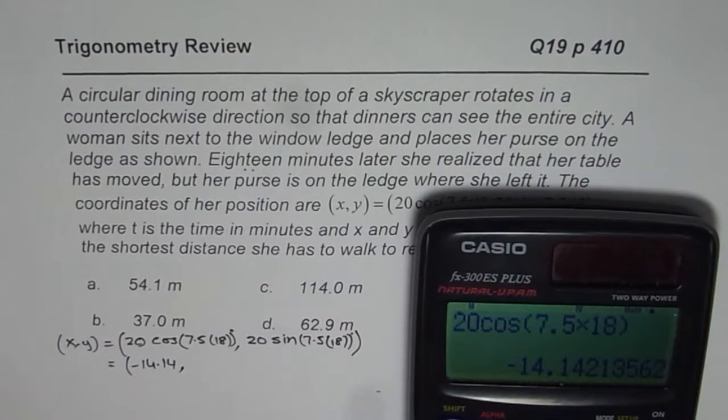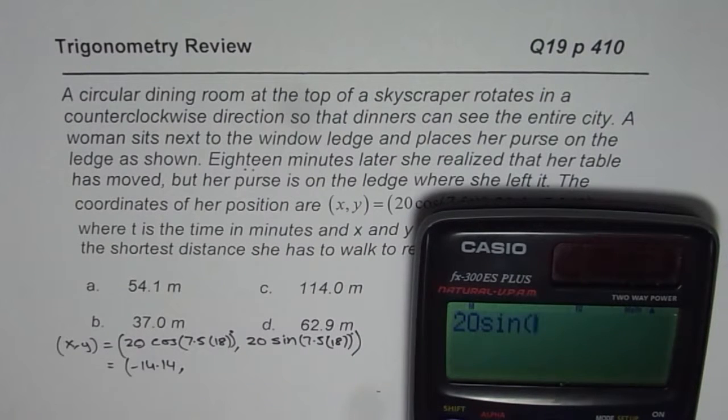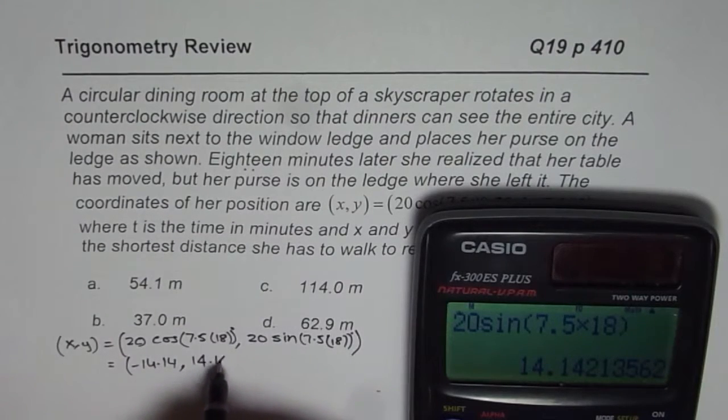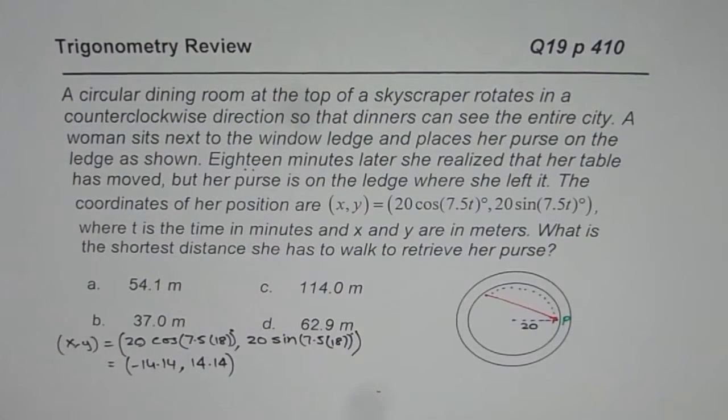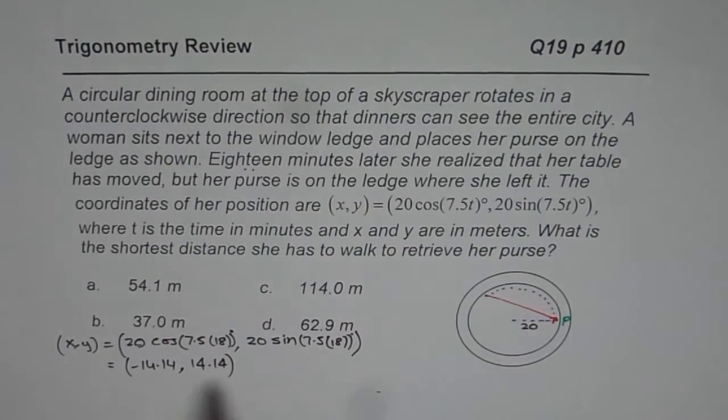Now let's find the y coordinate, which is 20 sine of 7.5 times 18, bracket close, equals, in decimals, 14.14. So these are the x and y coordinates after time 18 minutes, correct.